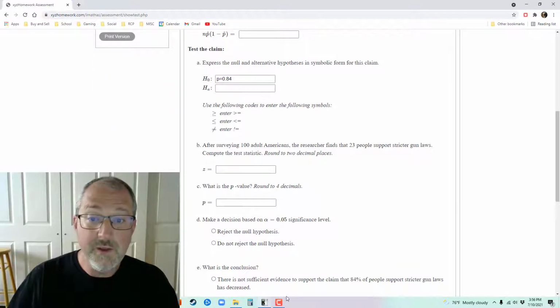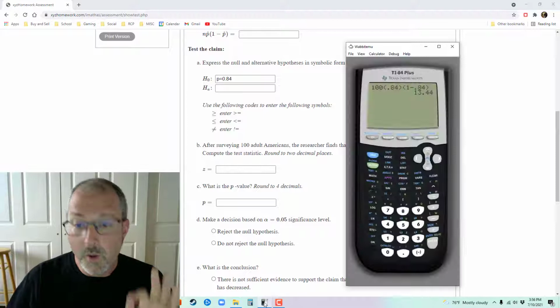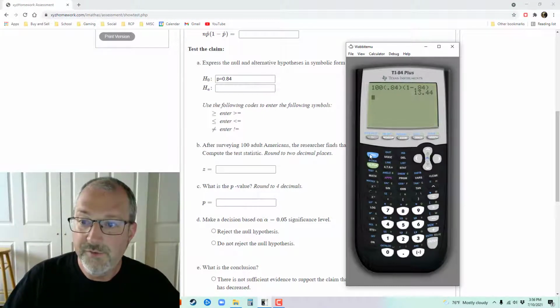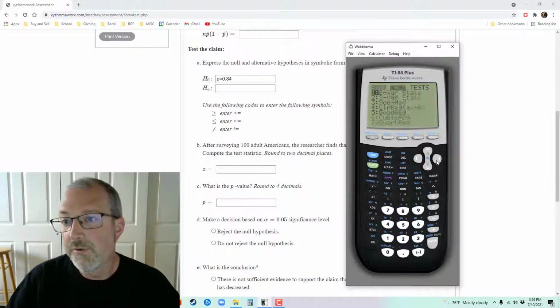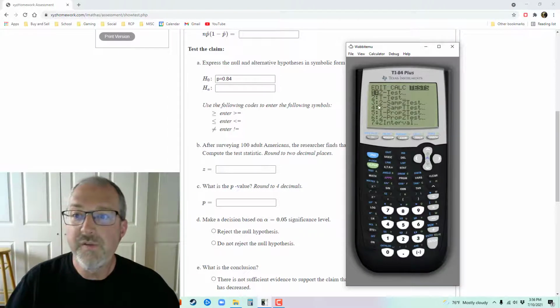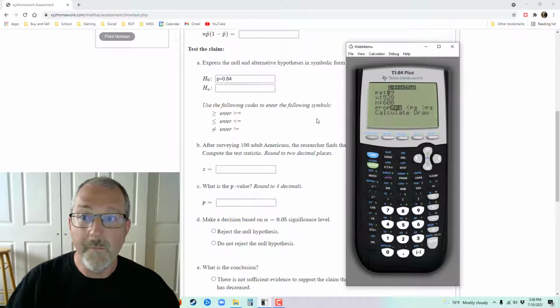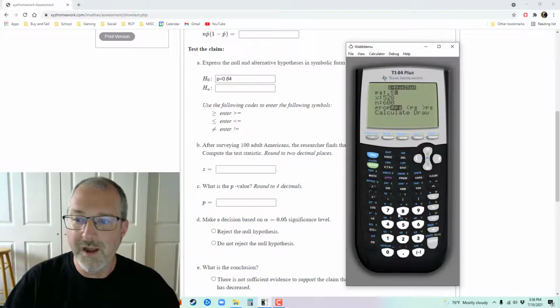Then what you do is you're going to go into your calculator and then into your stat, move over to your tests, and this is a 1 proportional z-test. So option number 5 on this calculator, and I hit the enter button here, and my p0 is 0.84.